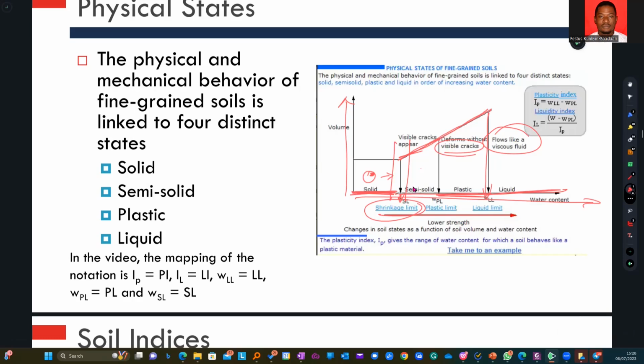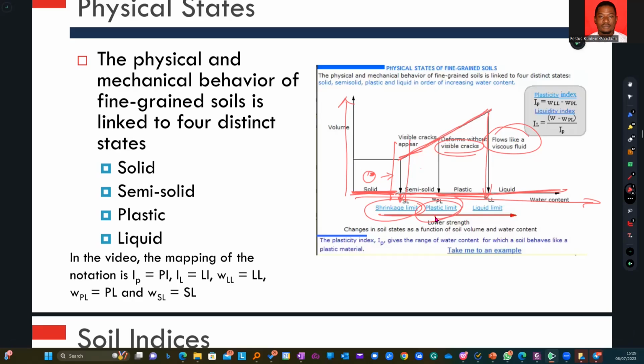Then when you get to the semi-solid state and you keep on with the addition of water, the boundary that distinguishes the semi-solid state and then the plastic state is what we term as the plastic limit of the soil, just before your soil begins to exhibit the behavior of plasticity.